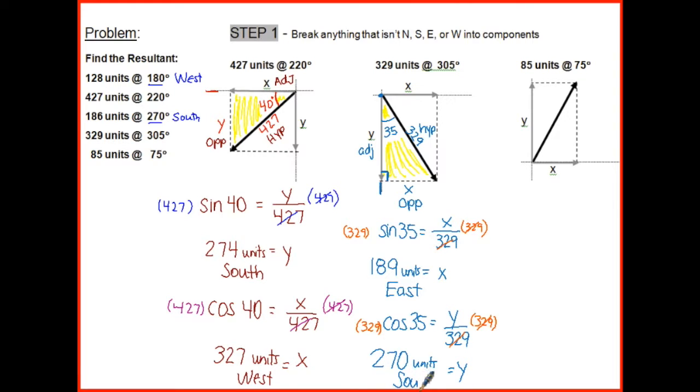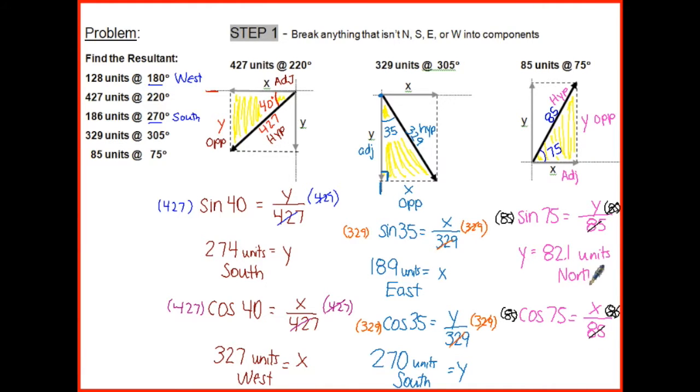And I look at my picture and I see that y points south. One more. For my triangle, y is opposite and x is adjacent. Okay, so I have all my components.